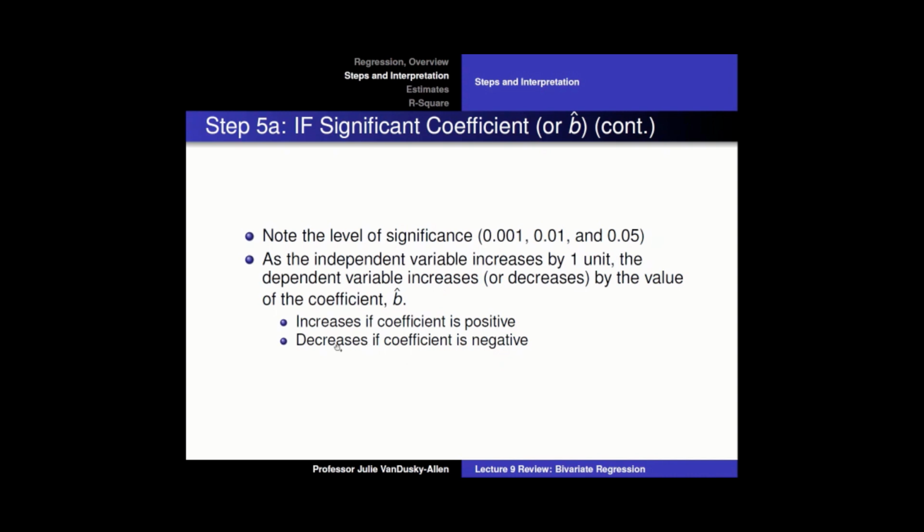But if b hat is negative, what you're going to do is write decreases, and then you're not actually going to put the negative sign in front of the b hat. So let's say it's negative 1. What you're going to say, it decreases by 1. The reason why you're not going to put the negative here is because you're already saying decreases here. So you don't have to put the negative value there.